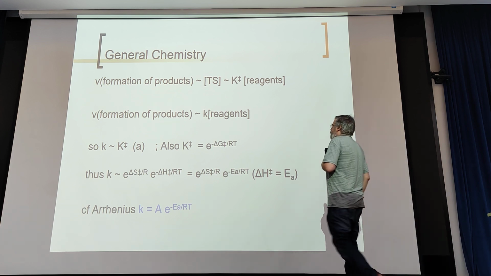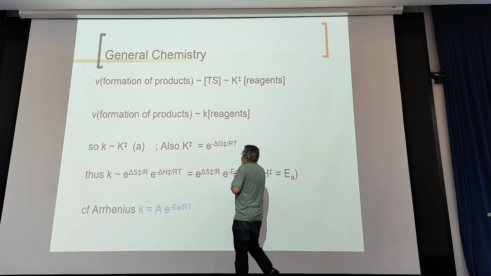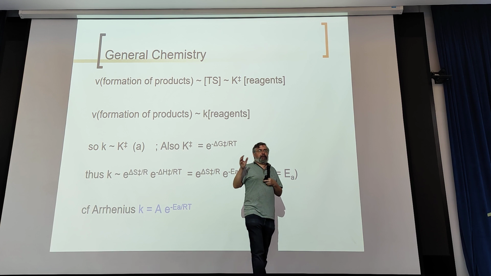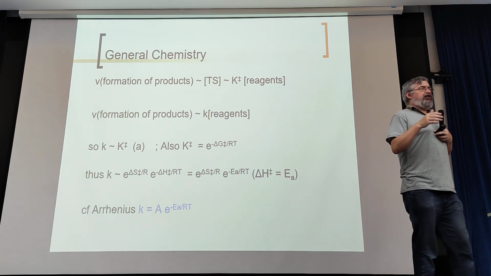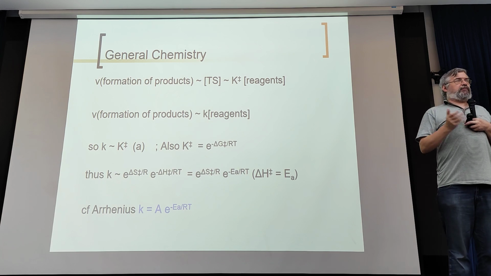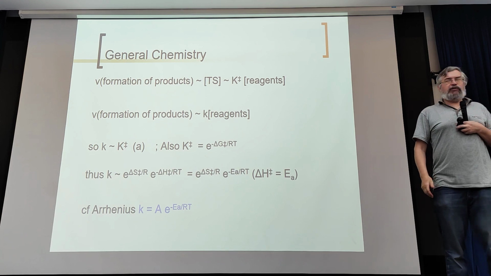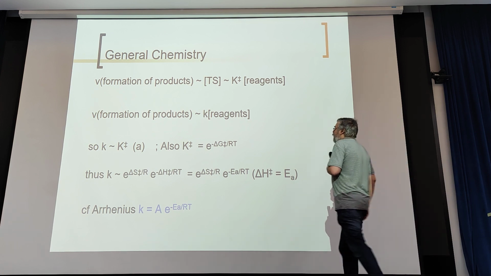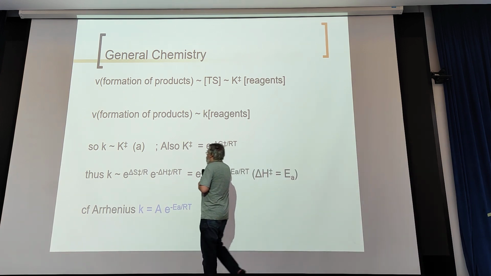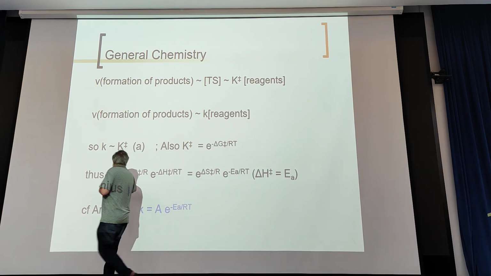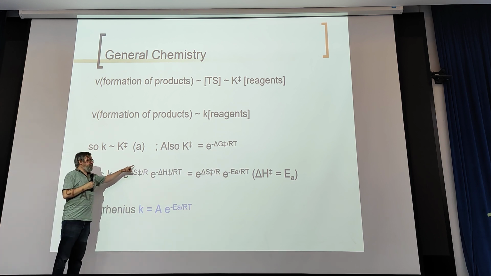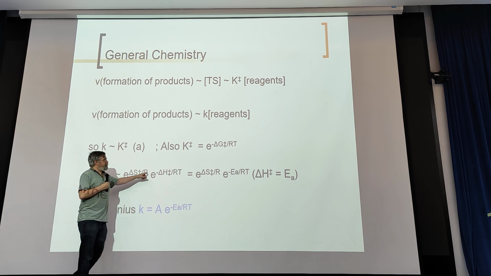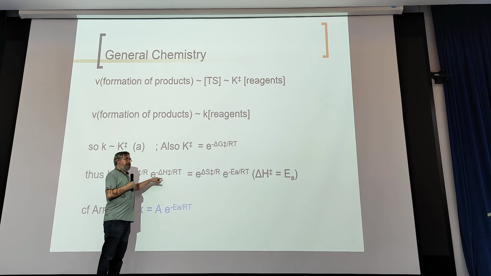Now we can split the delta G in an enthalpy term and an entropy term. Delta H minus T delta S. Remember last chapter. If you do that, we split the exponent into two exponents. And you can see this one is independent of the temperature. This part is dependent on the temperature.